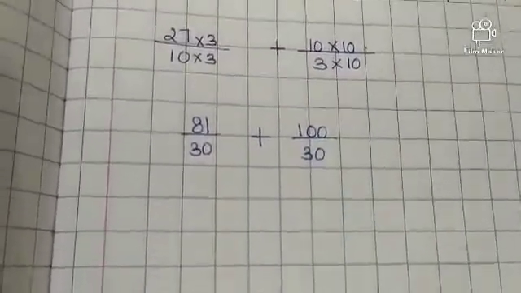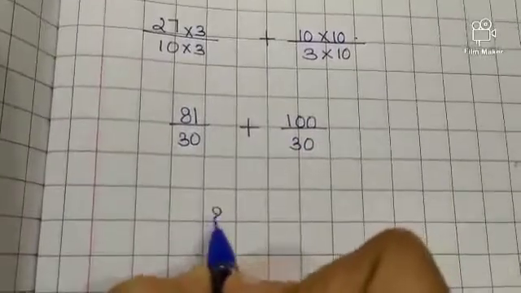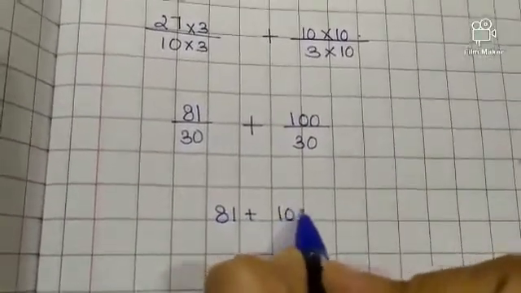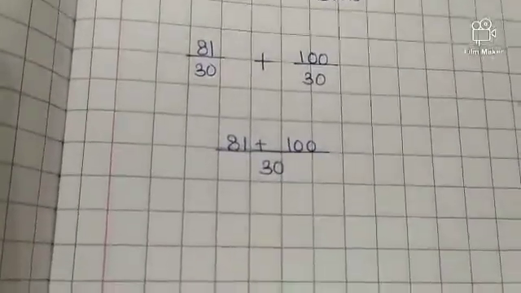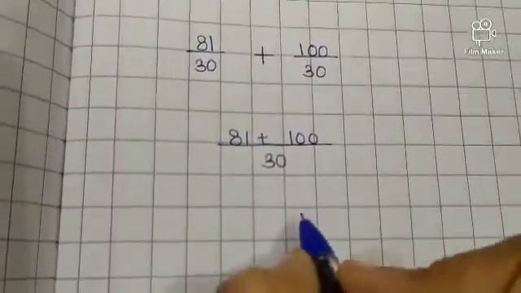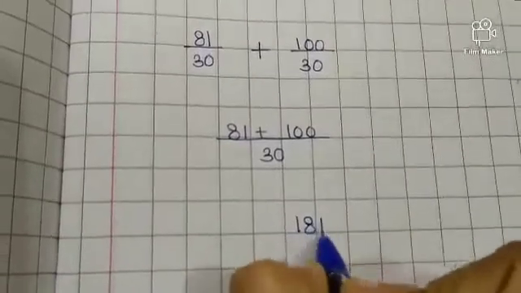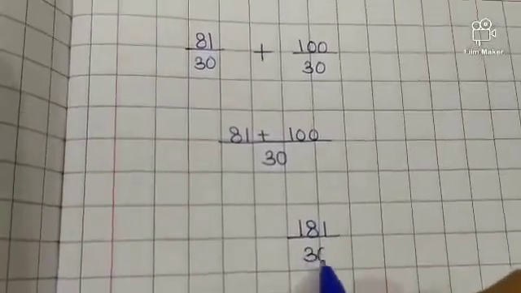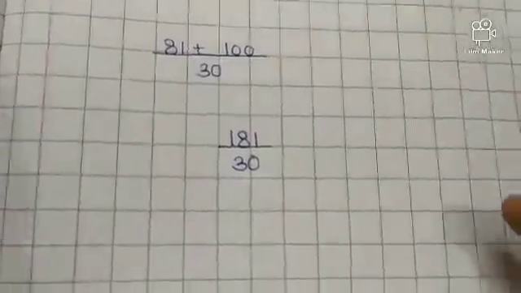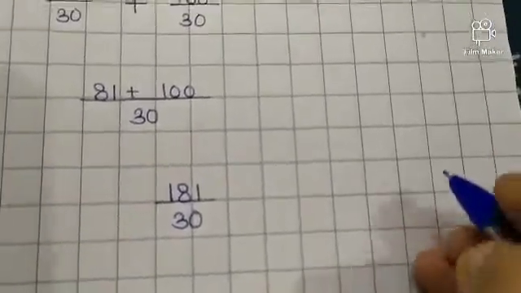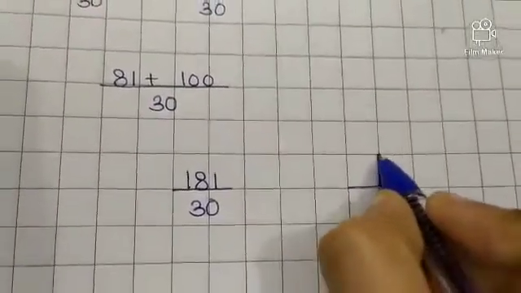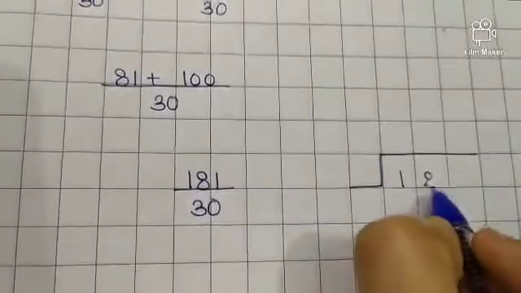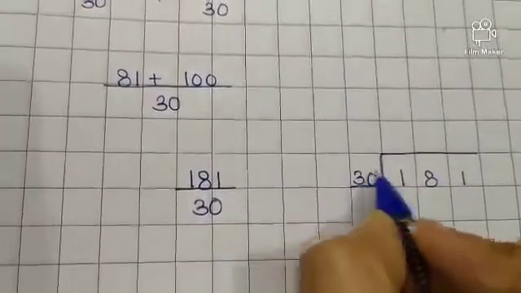So 81 upon 10 3s are 30 plus 10 10s are 100 upon 3 10s are 30. Now denominator is same, so we will simply add them. 81 plus 100 upon 30. So 81 plus 100 is equal to 181 upon 30. Now we have to change it into mixed fraction, mixed numeral. So divide 181 by 30.